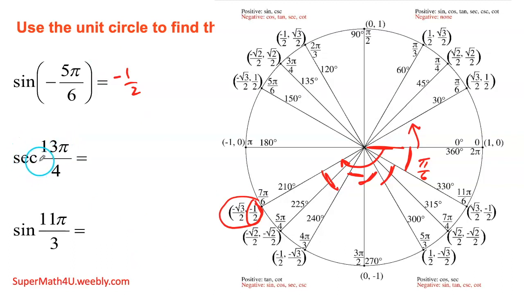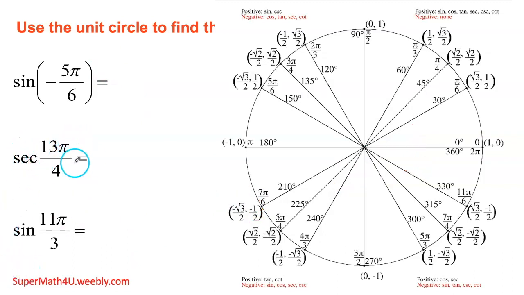Secant of 13 pi over 4. Secant is 1 over cosine. Remember, it's the reciprocal of cosine. So it is 1 divided by cosine of 13 pi over 4. Okay, 13 pi over 4. 4s are the 45 degrees. Pi over 4, 2 pi over 4, 3 pi over 4, 4 pi over 4.